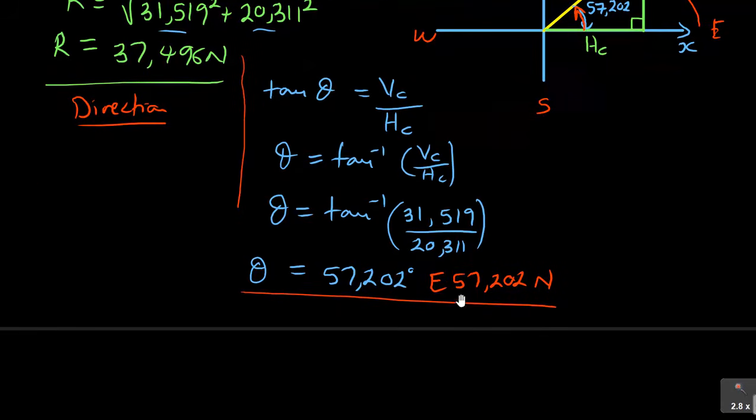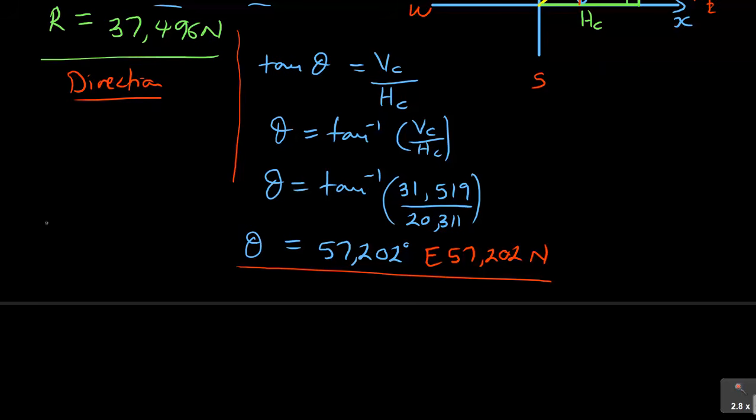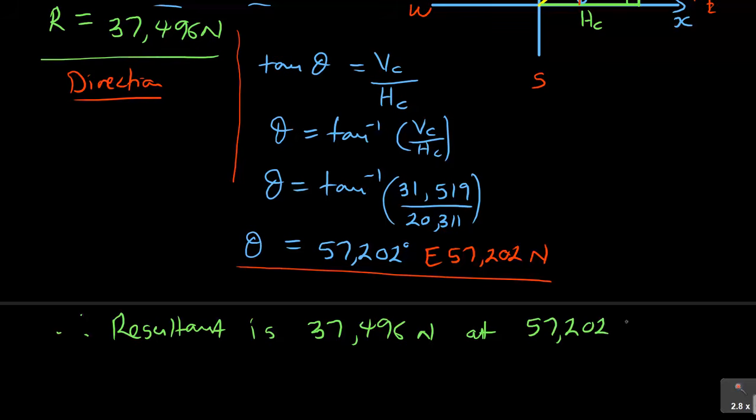So this is the whole part. If you're going to write the final answer, you're going to say, therefore, the resultant is 37,496 newtons at east 57,202 north.